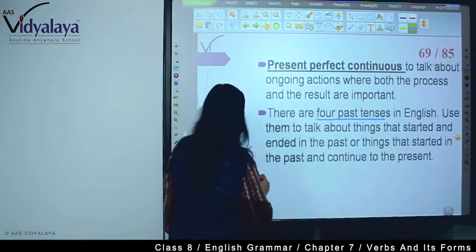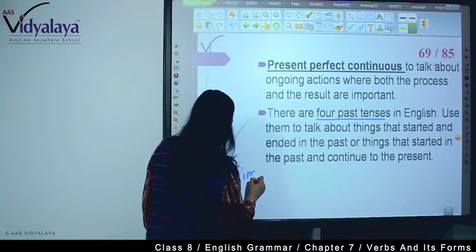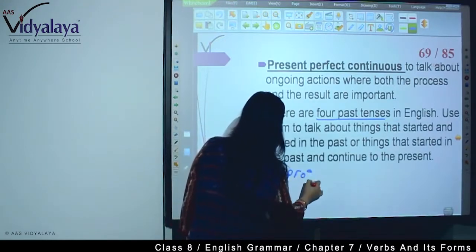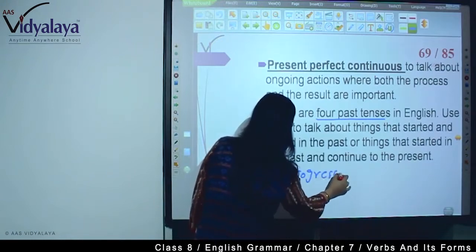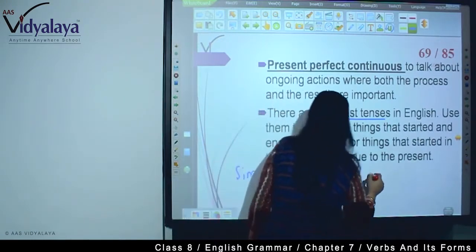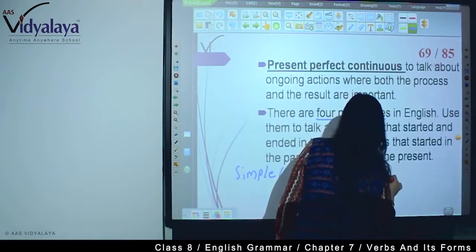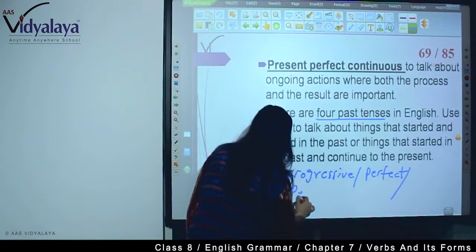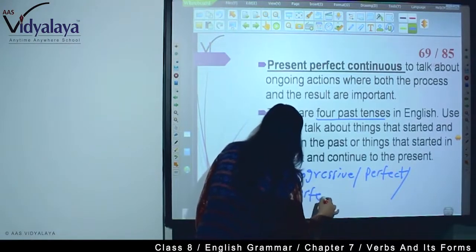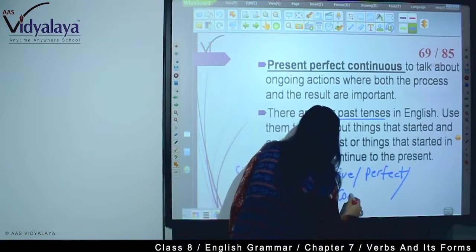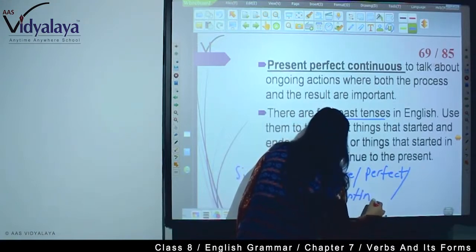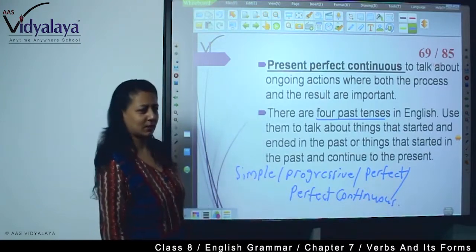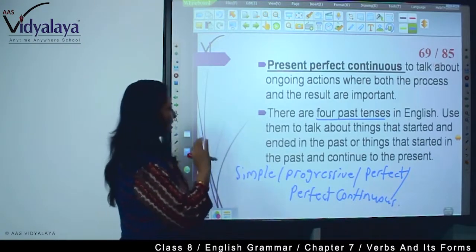So here again you will find simple past, progressive, perfect and perfect continuous. See, this is perfect continuous. So you are seeing these are the 4 past tenses.